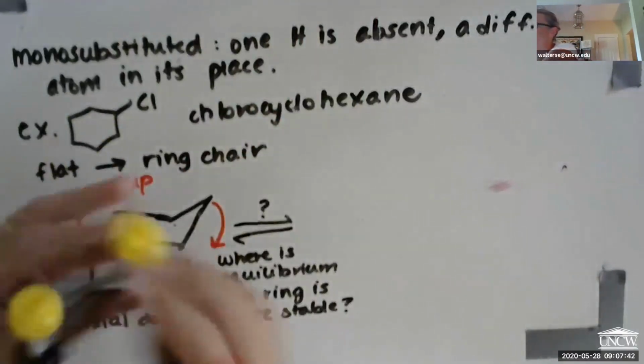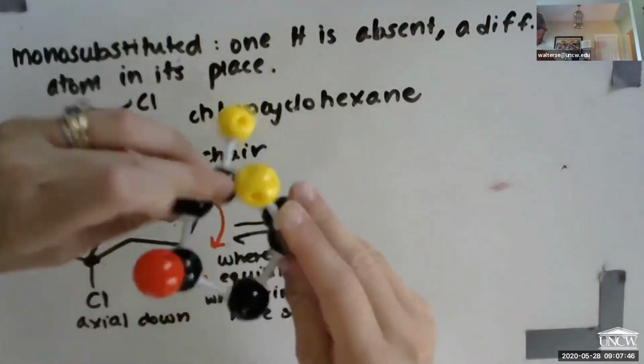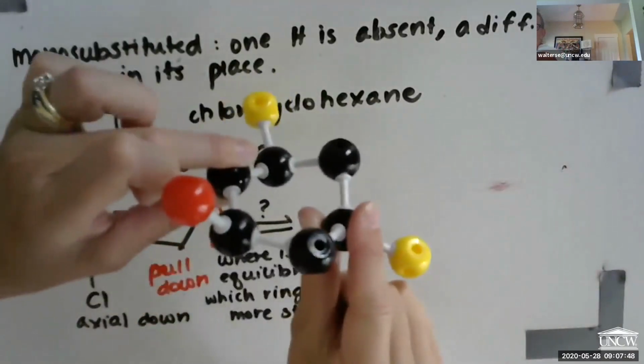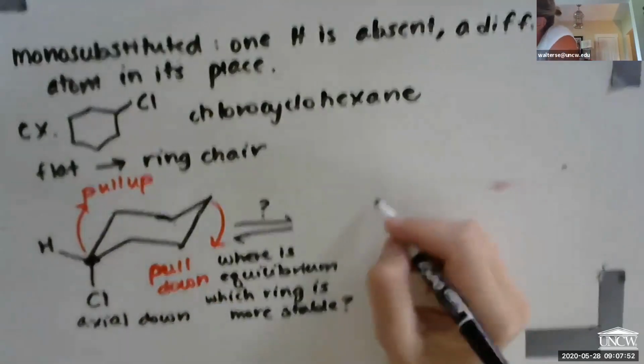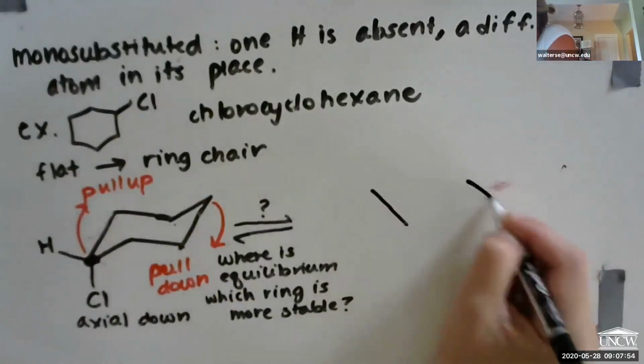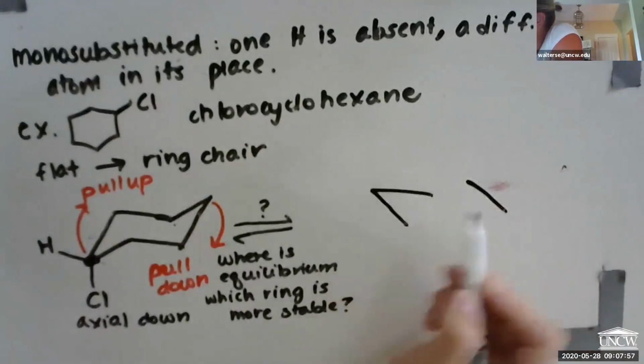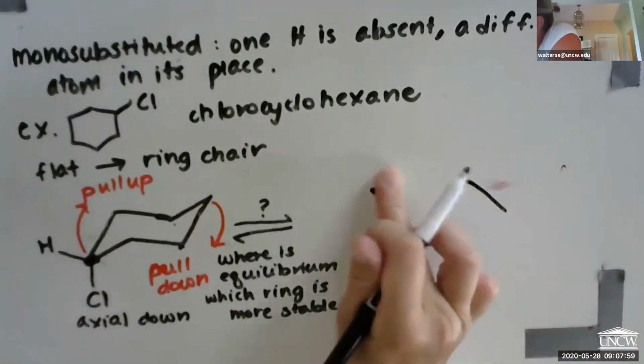I'm just saying that if I have my chair, I'm going to pull this one up, this one down. So my other chair will come in this direction. Oops, did that wrong.